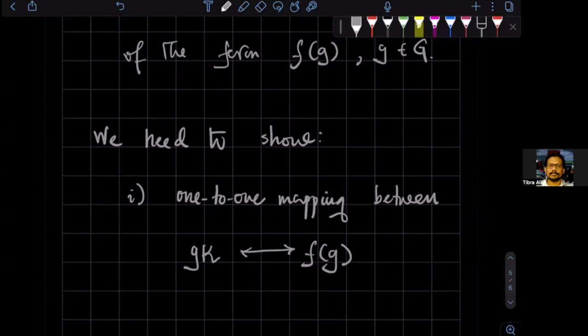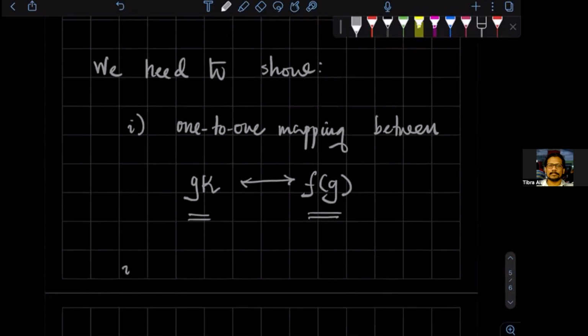The coset space, the quotient group, right, which is this thing, and the subgroup, which is the image of F, right? That's one thing we have to prove.